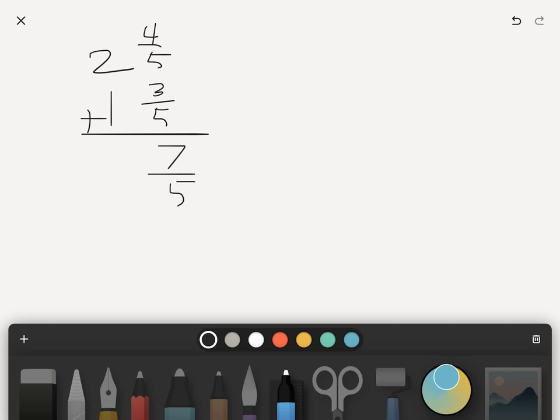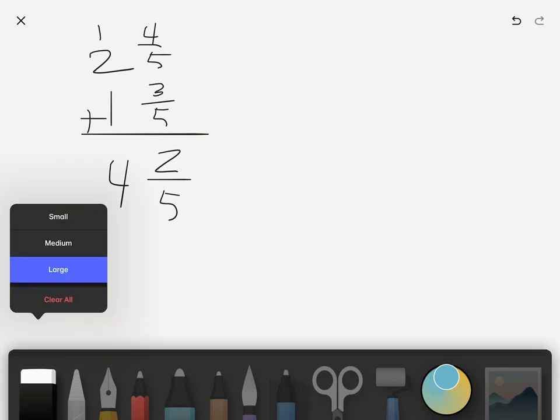Wait, what? So what of course I could do is take 5 of my fifths and carry it as a 1, right? So I could say 2 fifths and then carry my other 5 fifths. You get that, right? So carrying, borrowing, it would work the same way, except I'm working in a different type of unit than just base 10 numbers.